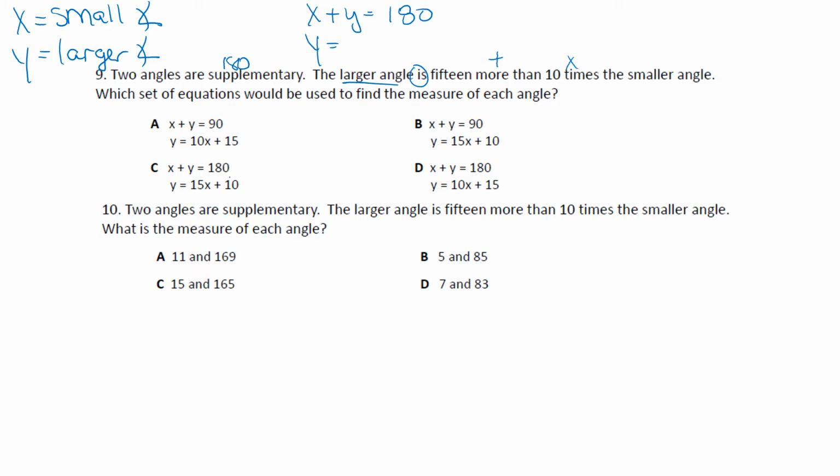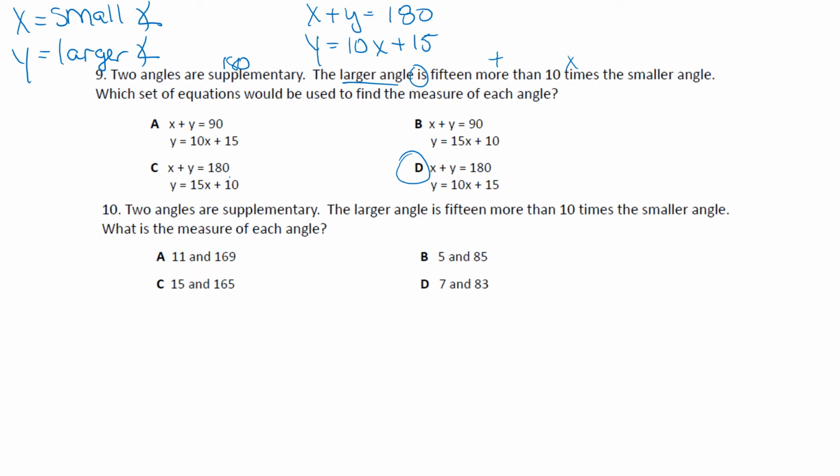So that'd be y equals 10x plus 15. Oops, I forgot my plus sign. Or you could have 15 plus 10x. So let's look and see if we can find our answer. So that's not going to be it. Number 9 would be D.